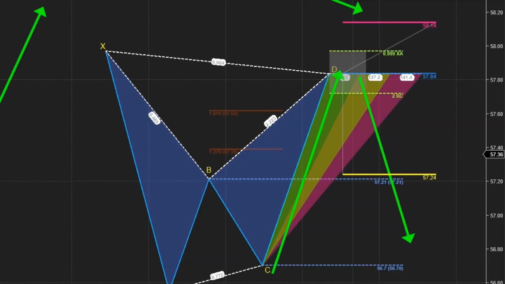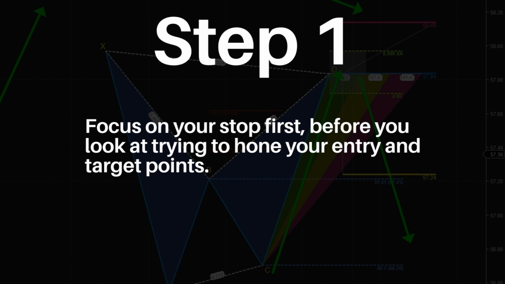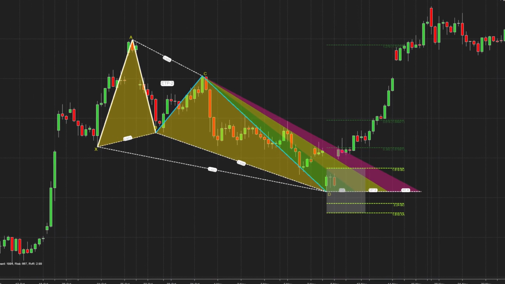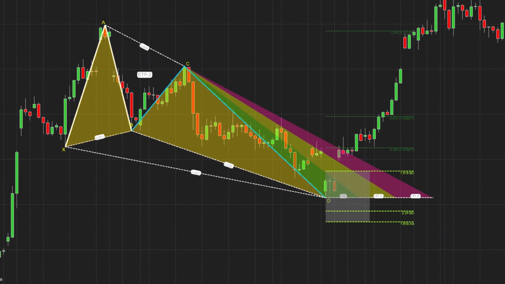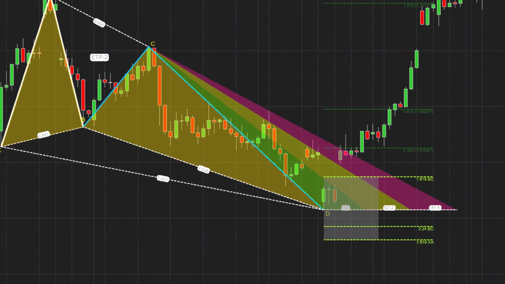Normally people think, okay, so where do I get in? I want you to stop right there. You've made the first mistake. So many people are concerned about where they should be getting in, and I get it. You want the best position possible as your entry point. However, I want you to start looking at where to put your stop first. Think about it this way.